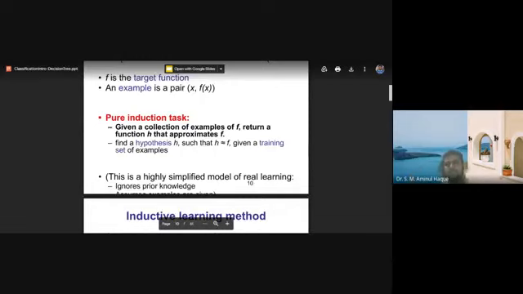But h is just a hypothesis. It might go in between the points when you have two points. So h will never guarantee that it always touches the data points, because it is a hypothesis.